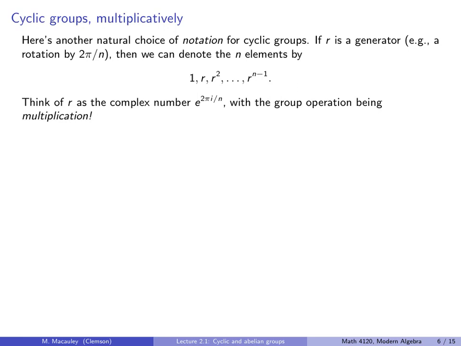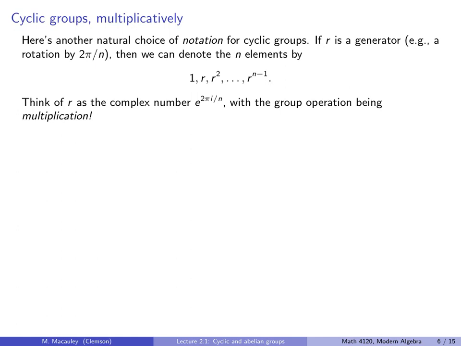Here, if we let r be a generator, which you can think of as a rotation by 2 pi over n, now thinking of the symmetries in this sense, we could denote the n elements multiplicatively as 1 for the identity, r, r squared, all the way up to r to the n minus 1.